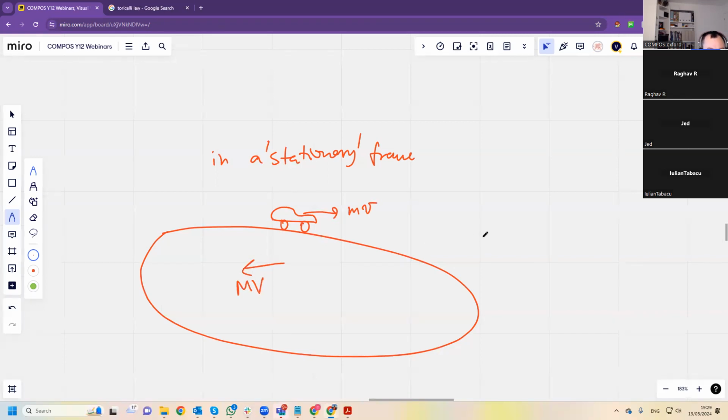So we have V equal to m over M times v, right? After the car accelerates with the velocity v, the planet moves back.